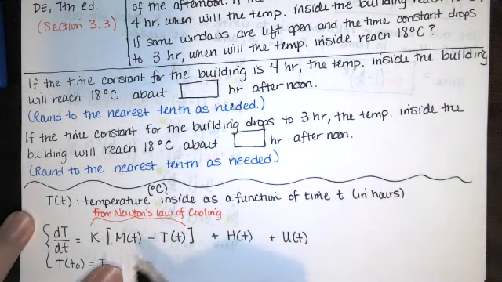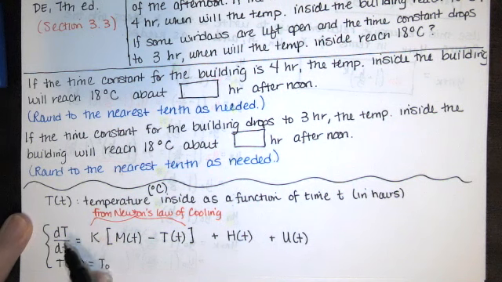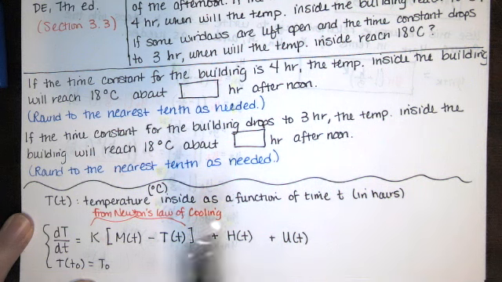If you're in my class, I would tell you that this relationship holds. The time rate of change of the temperature is a sum of the heat generated by the building and the furnace heating the building or the air conditioner cooling the building, and it's also a term due to Newton's law of cooling, which says that the time rate of change of temperature is proportional to the difference between the ambient temperature and the current temperature.